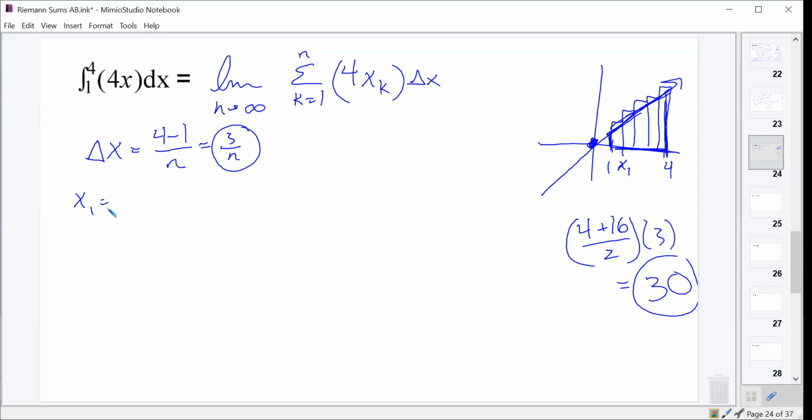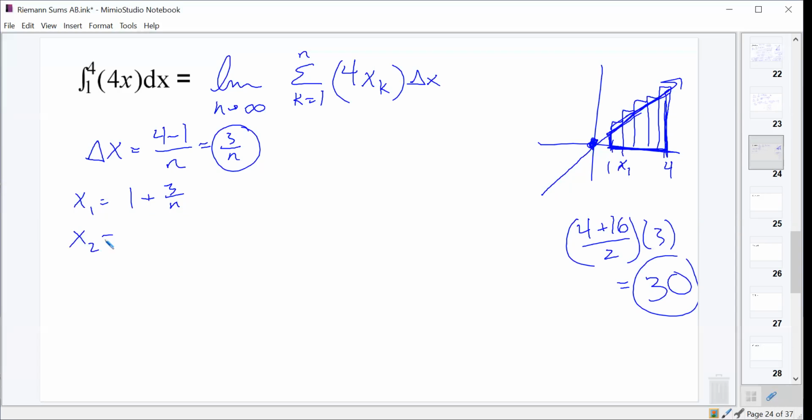Just 3 over n, right? Not just 3 over n. 3 over n is the width of one rectangle, so this piece is 3 over n. How far did we go from the origin, though? Would it be 3 over n plus 1? It should be that 1 that we had to go over to get to the start of our interval, then plus our 3 over n.